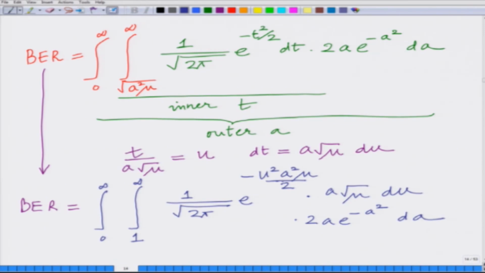Now, I have two terms with A square in the exponent.